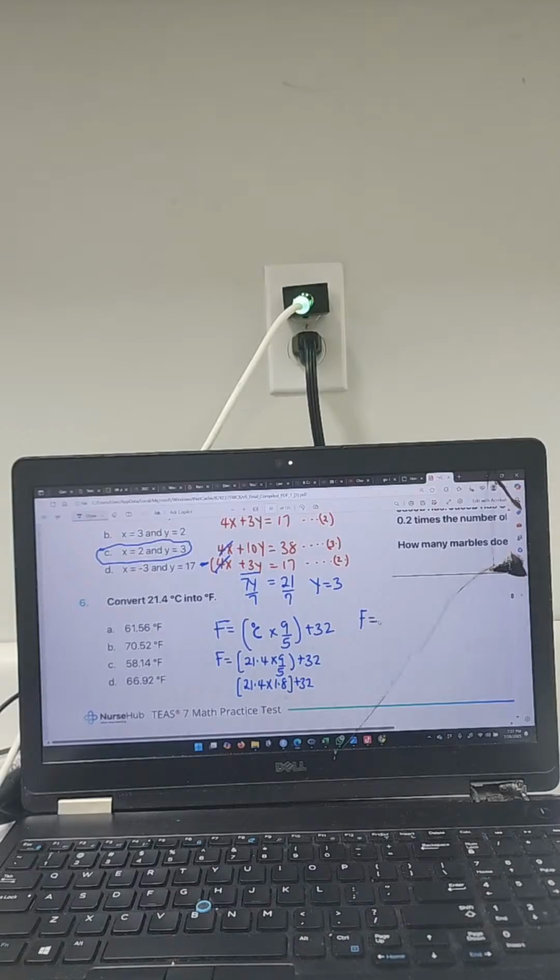You can use a calculator, or you can just multiply out, 21.4 times 1.8 is 38.52 plus 32. And if you add this together, you're going to have 70.52 degree Fahrenheit. So the right answer is B. Correct.